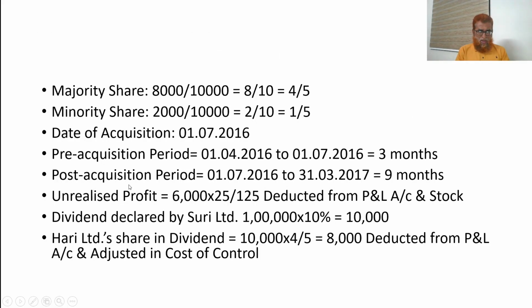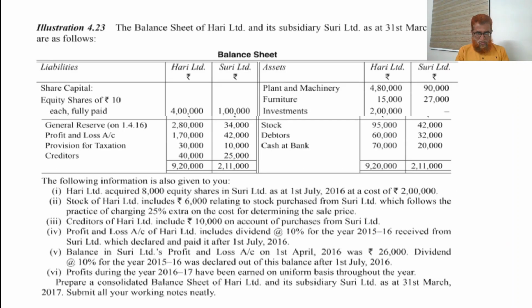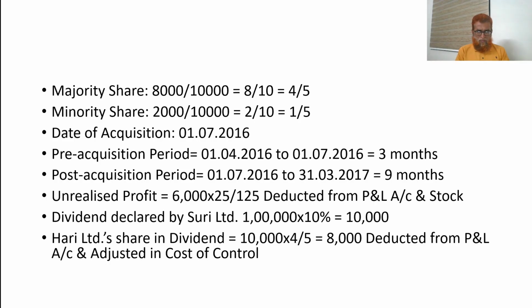See here, unrealized profit on 6,000. 25% on cost, it is given here, 25% extra on cost for determining the selling price. So 25% on cost means 25 by 125 of 6,000.